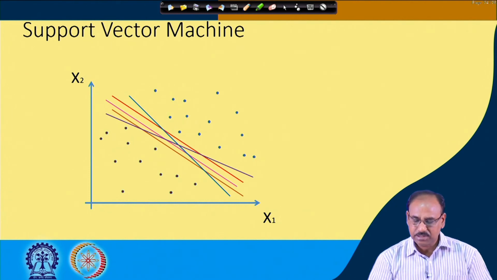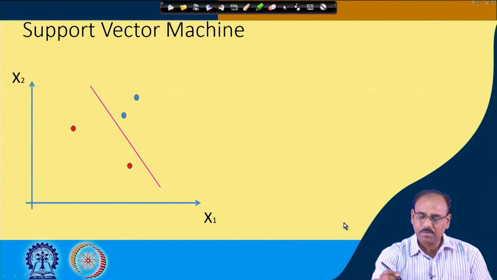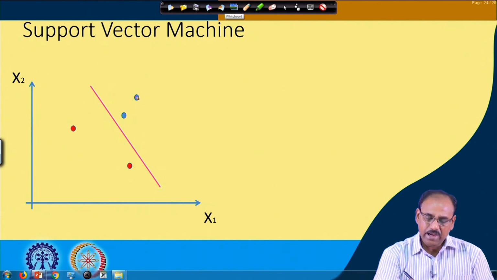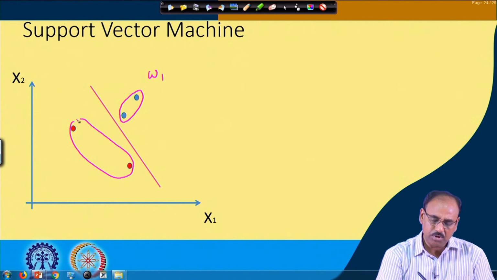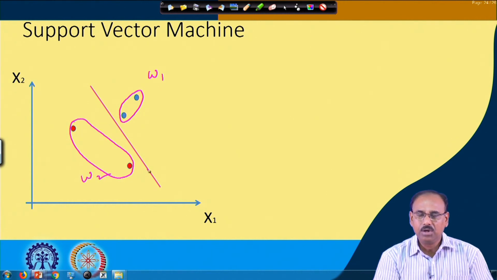So, to illustrate this, let us take a very simple case. The case is like this. I assume that these are the vectors which belong to class omega 1 and these are two vectors which belong to class omega 2. And I have a separating plane which separates these two classes.